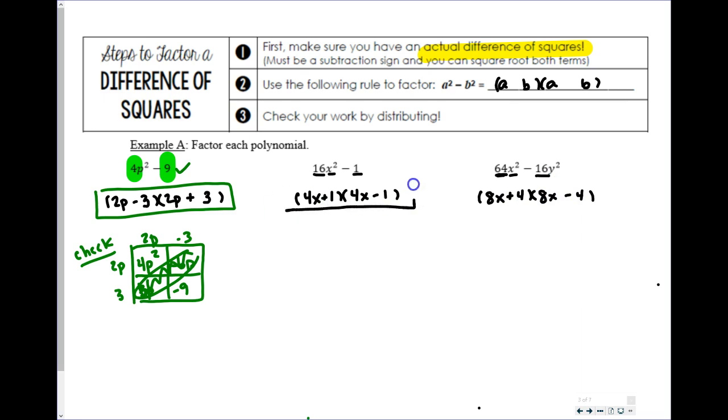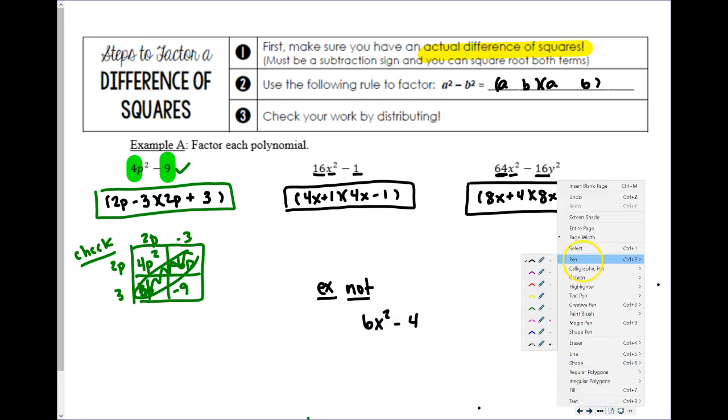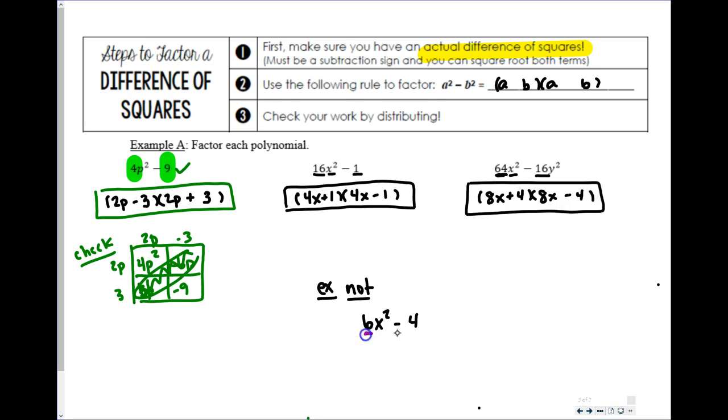So not terribly difficult. Again, like I said, the difficult part is making sure you have perfect squares. For example, something that is not a perfect square binomial would be something like if I had 6x squared minus 4. When I look at this right here, I'm going to check to see if these are perfect squares. 4 is a perfect square, so cool, 4 works.